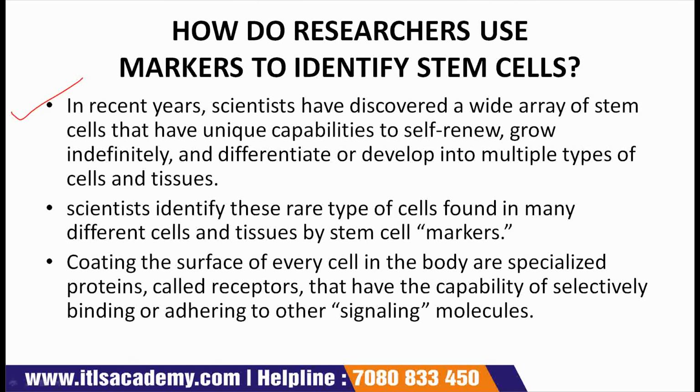The very first point given here is, in recent years scientists have discovered a wide array of stem cells that have unique capabilities to self-renew, grow indefinitely, and differentiate or develop into multiple types of cells and tissues.